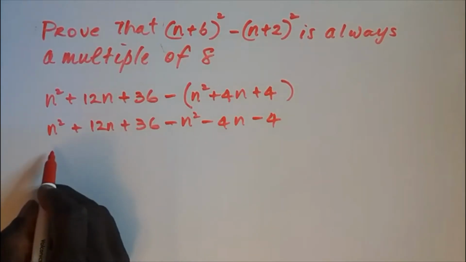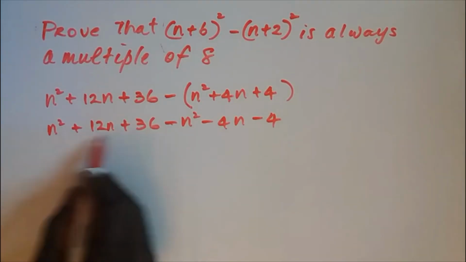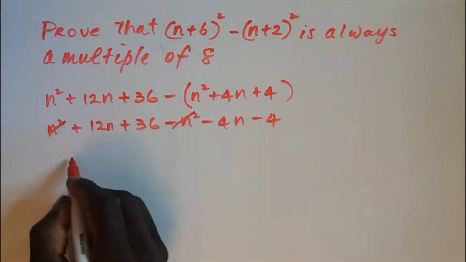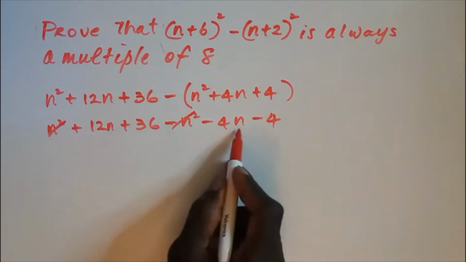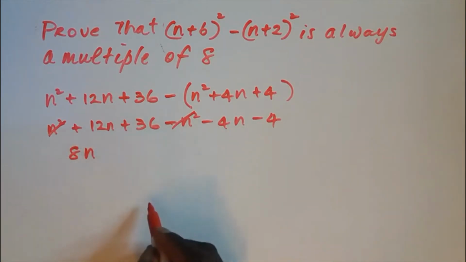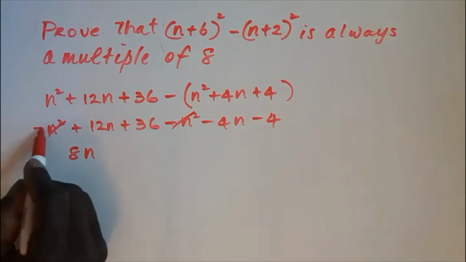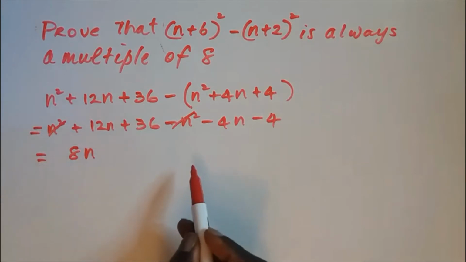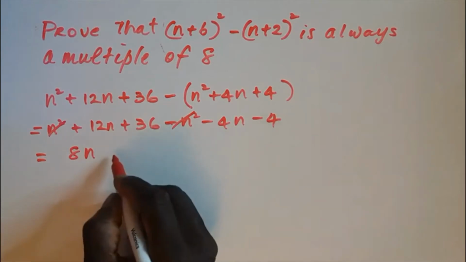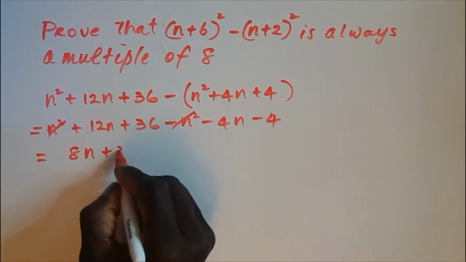Now, the n squared cancels with the minus n squared. That goes to 0. We have 12n minus 4n will give us 8n. And then we have 36 minus 4 will give us 32.